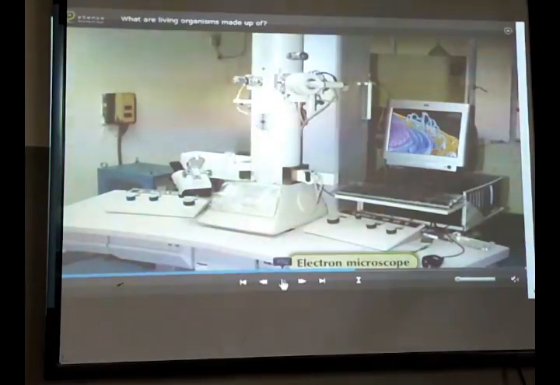As you know, after the discovery of the electron microscope, it became so easy to understand the complex structure of the cell, because a cell contains many cell organelles.